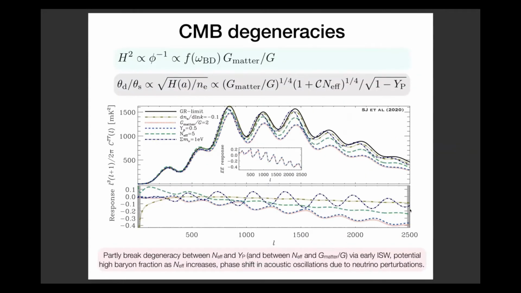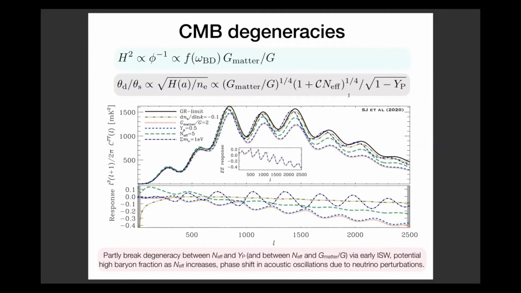So this is quite interesting. The main way that the small scale CMB is affected, the main way that the damping tail of the CMB is affected, is through the ratio of the scale of your diffusion damping and the sound horizon, and that in turn is sensitive to the square root of your expansion history and the number density of free electrons.